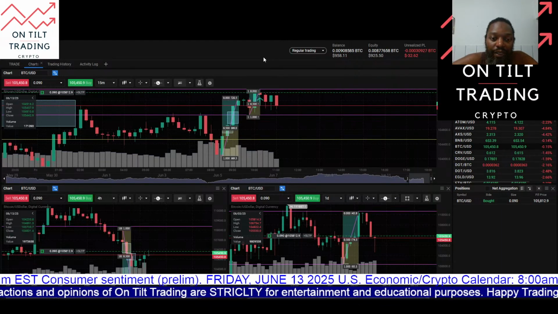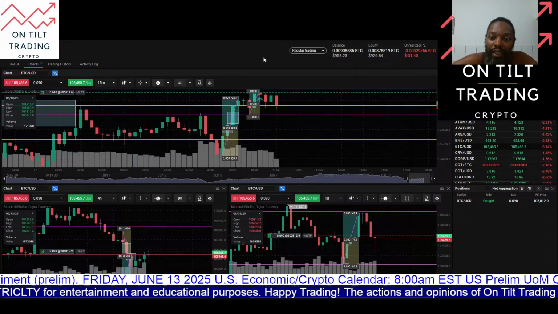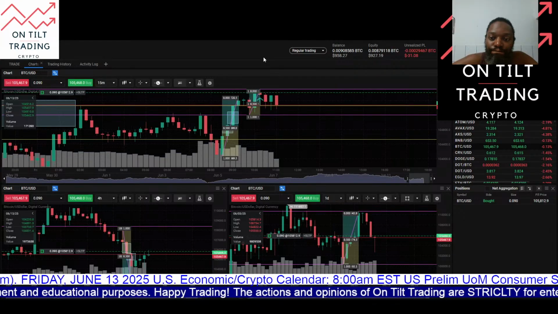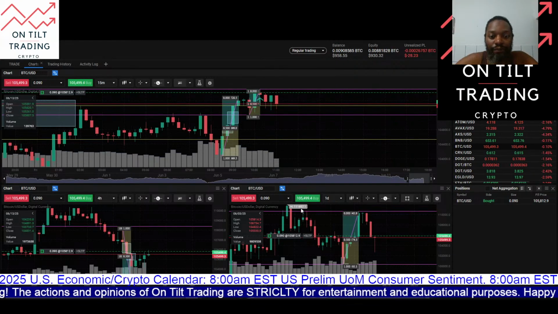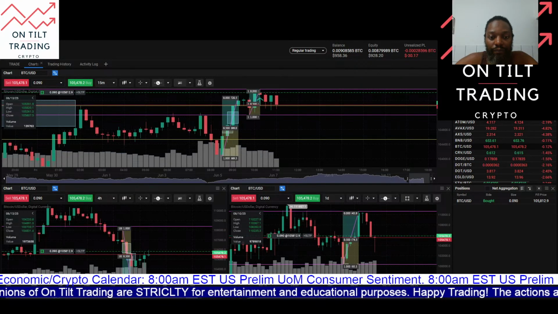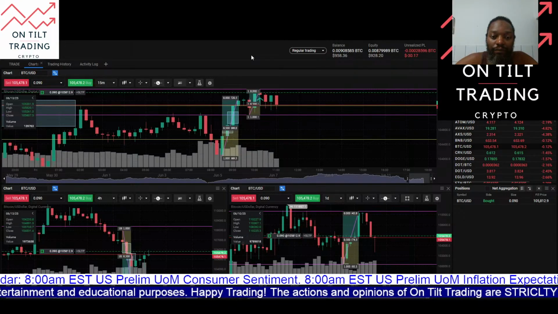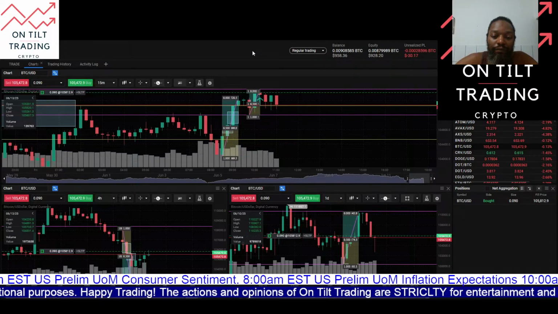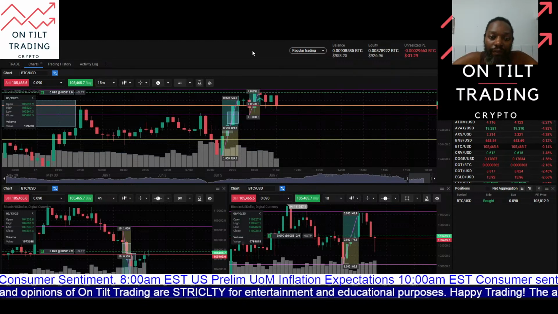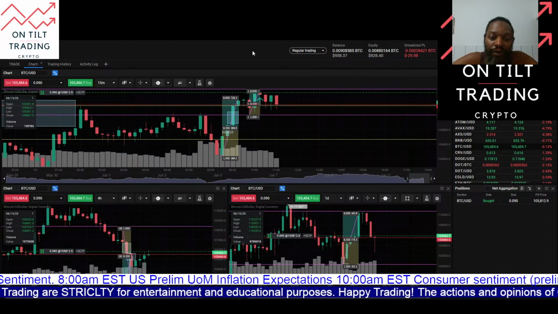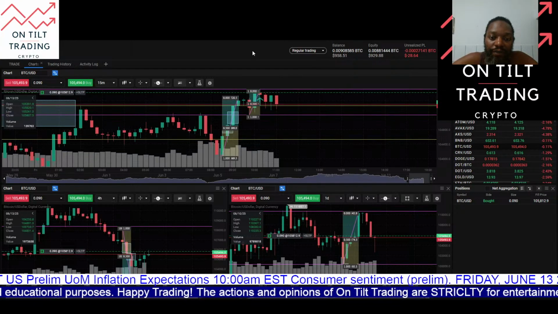Now getting pulled back up to the opening structural range high. Retest that structural range high. Looks like there's a reaction off of it this time.